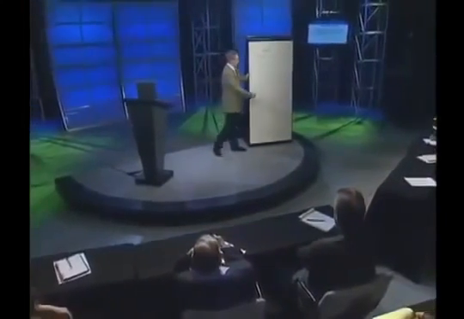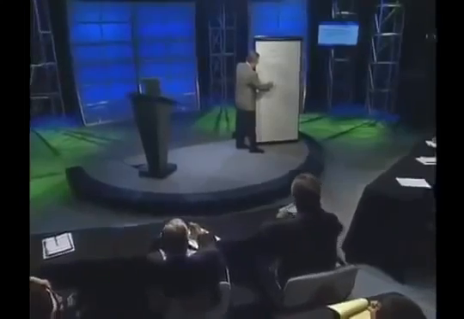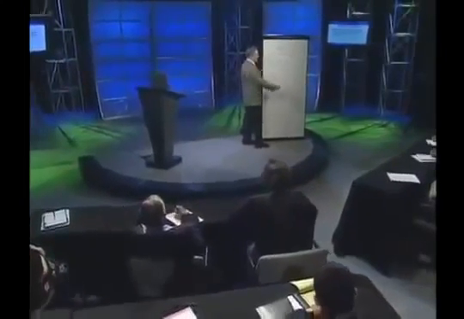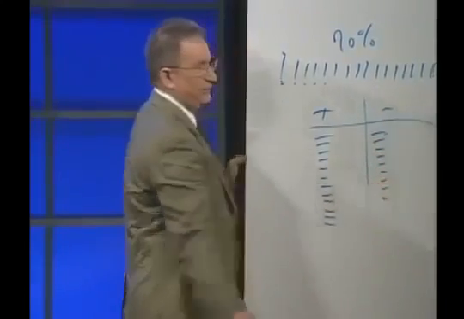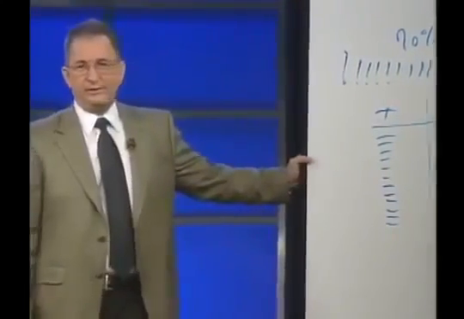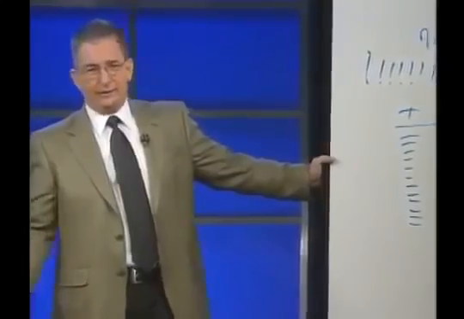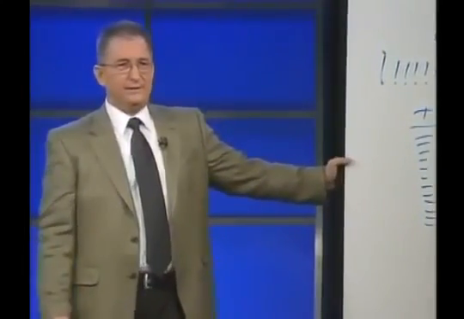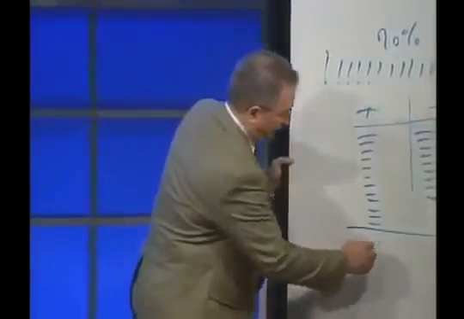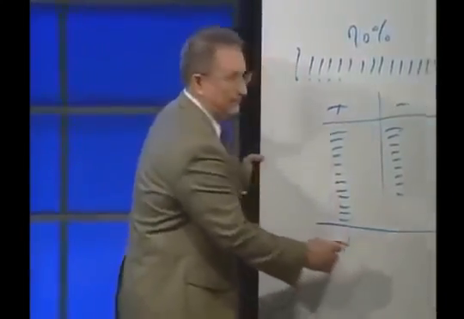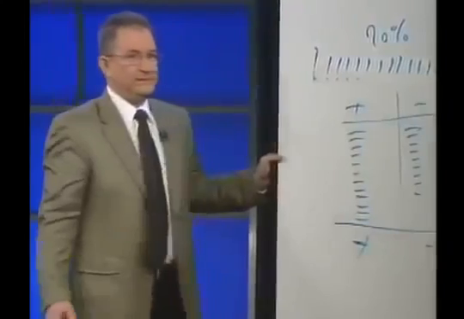If you listed all of the experiences that contributed to a positive sense of self-valuation, and all experiences that contributed to a negative sense of self-valuation, that I'm not worthy as a person, I feel guilty about this, this, and this, you could end up net positive or net negative.